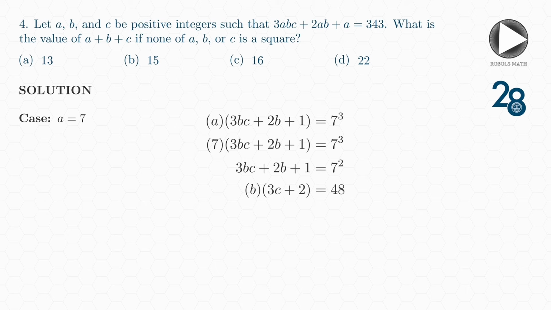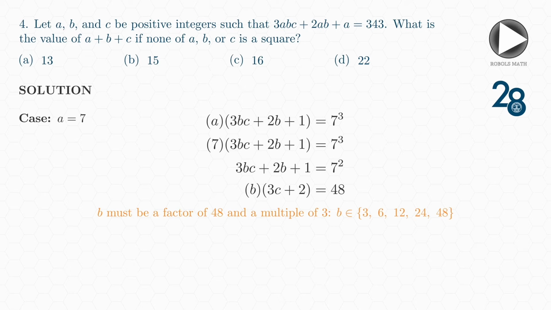So we conclude that B must be a factor of 48 and a multiple of 3. So the only possible values of B here are 3, 6, 12, 24, and 48. Again, you don't have to use reasoning like I did to make B a multiple of 3, but it's a good step to reduce the number of values to check.